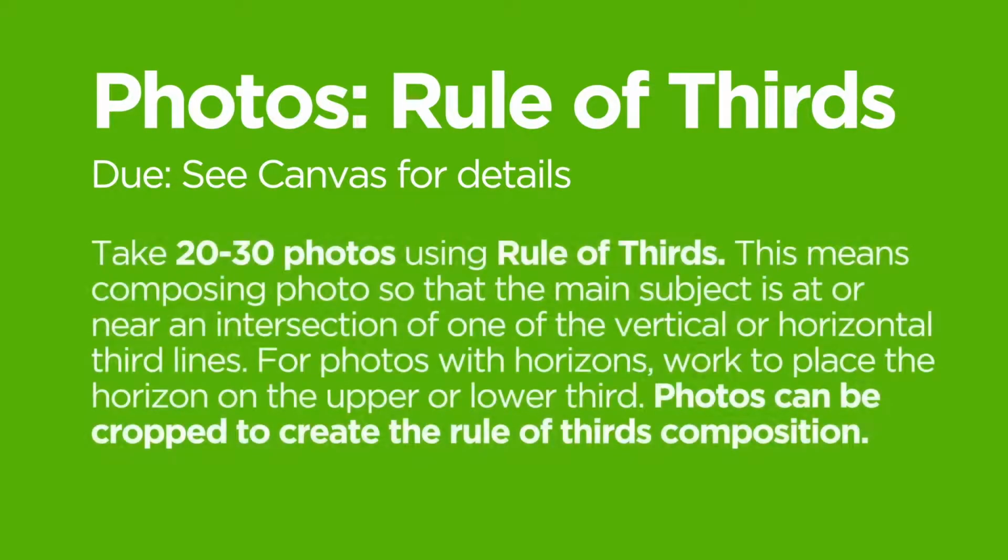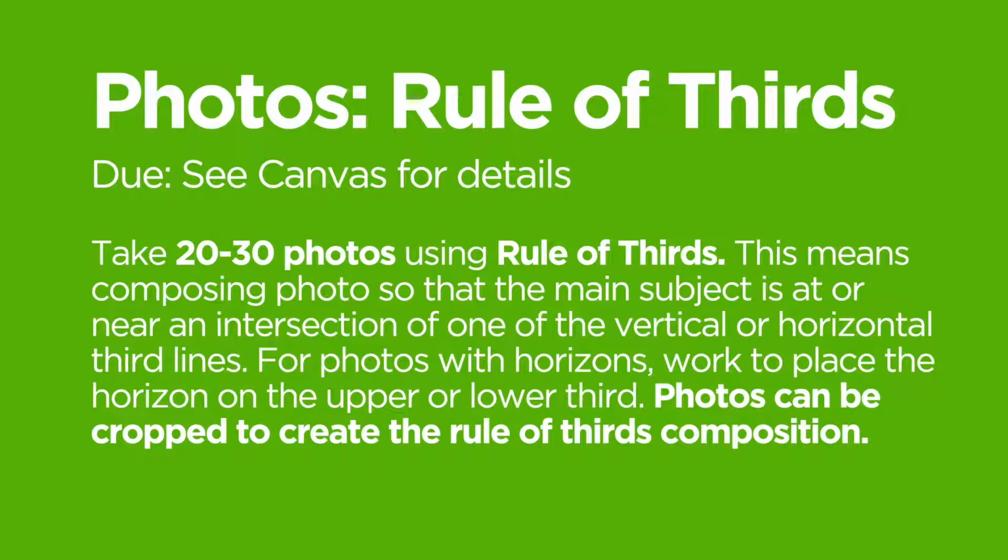All right, so here's the things to know about rule of thirds photos. 20 to 30 photos, that's what we've been doing all quarter long. You'll take the photos. You can take them horizontally, vertically, and what the rule of thirds means is aligning the main element of the photo, the main subject, along one of the third lines. And I'll show you an example.